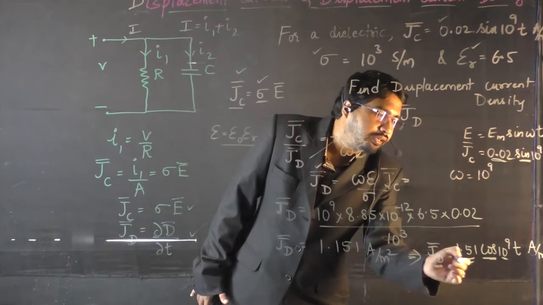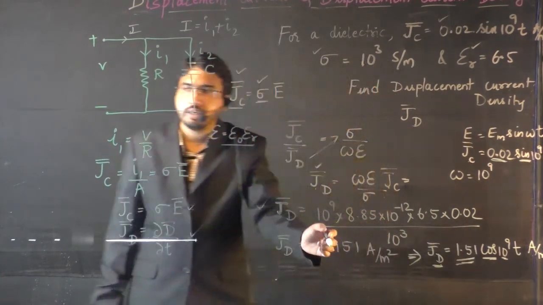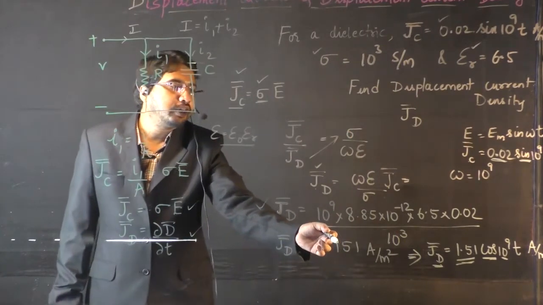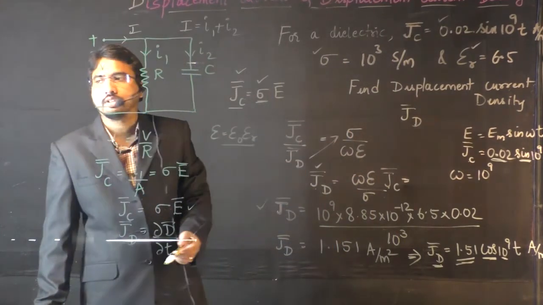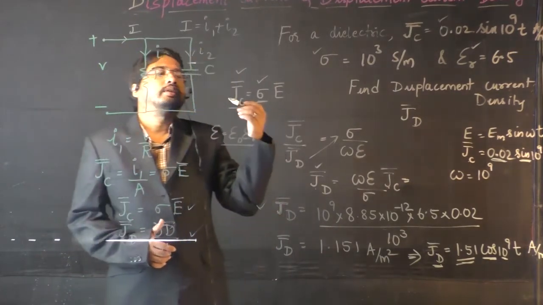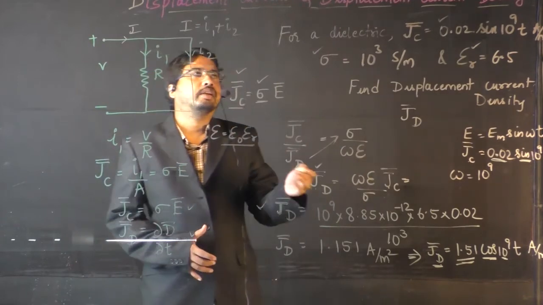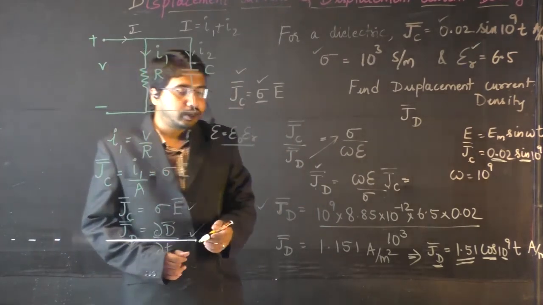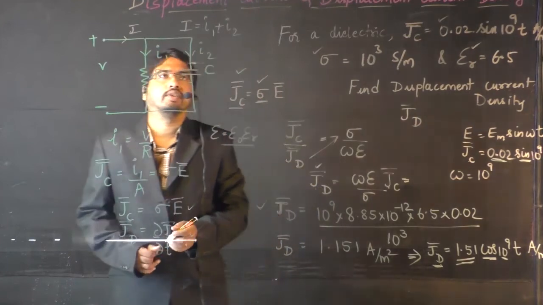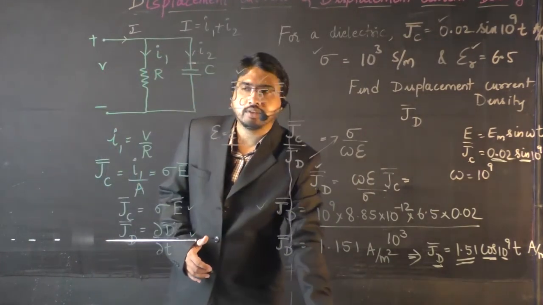We have just calculated the magnitude, which is equal to 1.151, obtained by this procedure. So these are some basic problems on displacement current, conduction current, displacement current density and conduction current density. Next our topic is Maxwell's equations. With these Maxwell's equations, your 5th unit will be mostly completed.